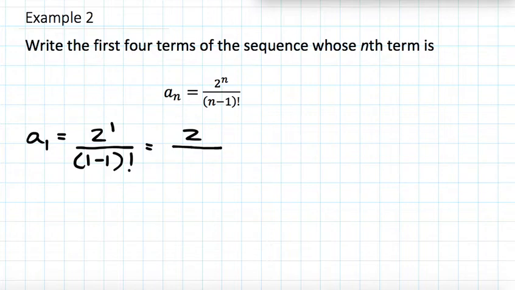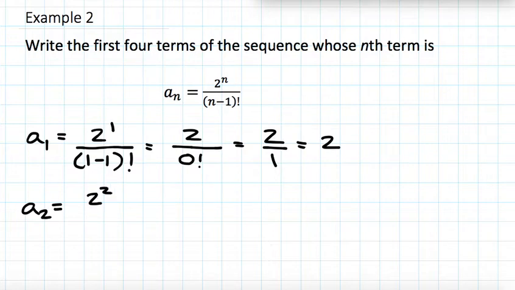And 1 minus 1 is 0. So here we're going to use that rule that 0 factorial is assumed to be 1. So that'll give us an answer of 2 over 1, which is equal to 2. Now this is one of those situations where MyMathLab is going to want things completely simplified. So if you type 2 over 1 in, it's going to mark it wrong because it's not completely simplified. You would have to just type 2.